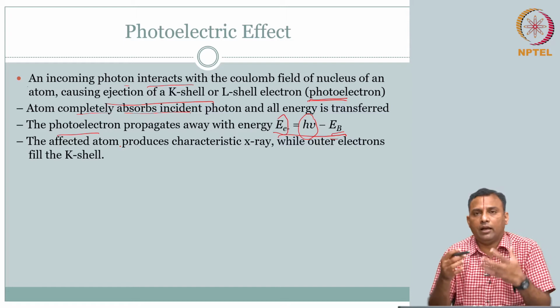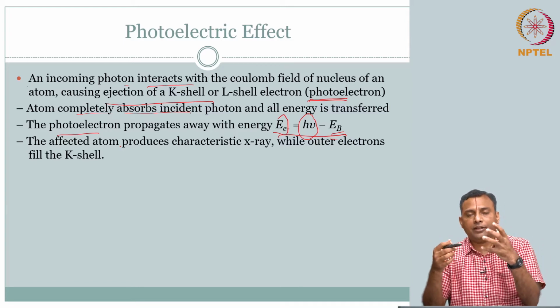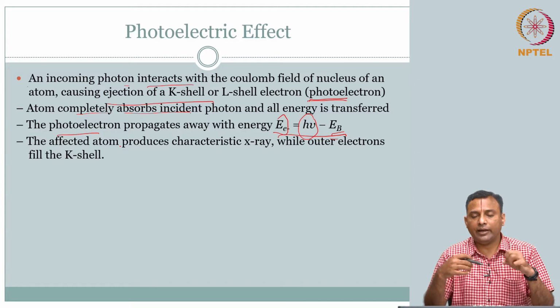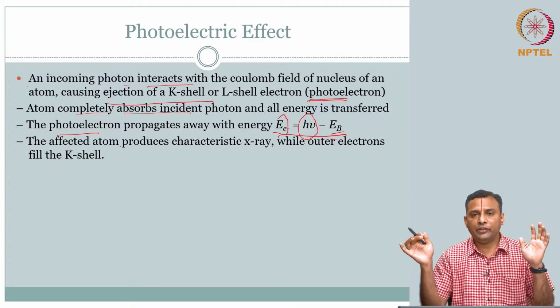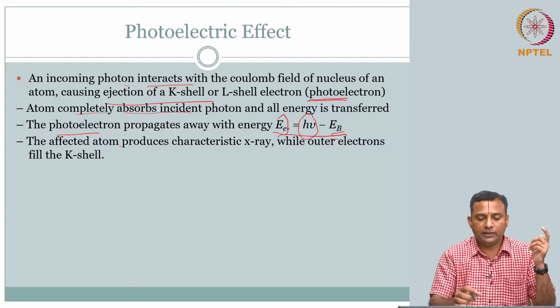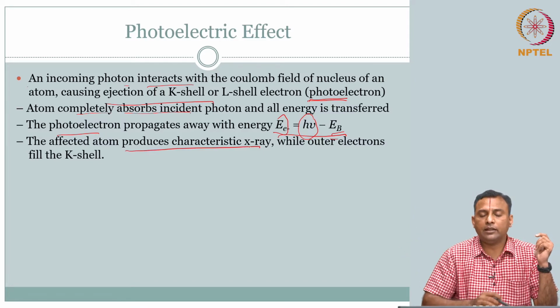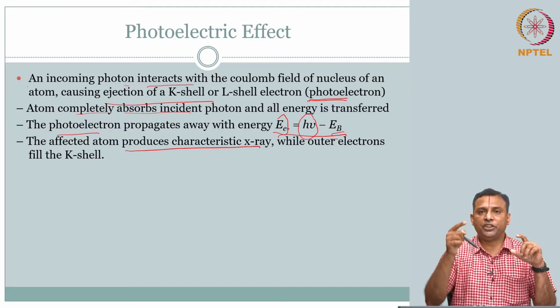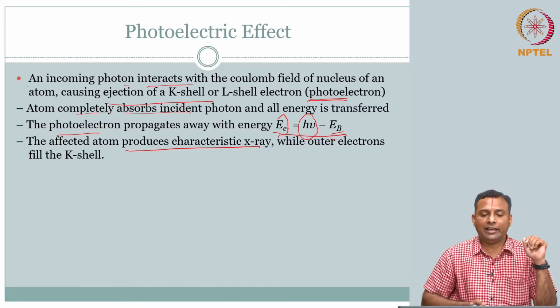So, after that what happens? The affected atom comes back to its ground state. When it tries to come to its ground state, it releases energy, and that energy is in the X-ray range. We talked about why it is a characteristic X-ray: it depends on which electron, which shell is migrating, and the rearrangement pattern.